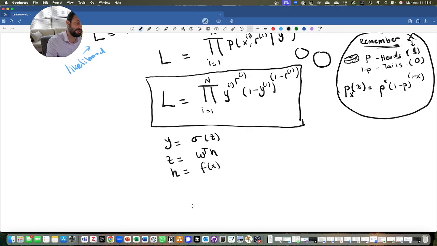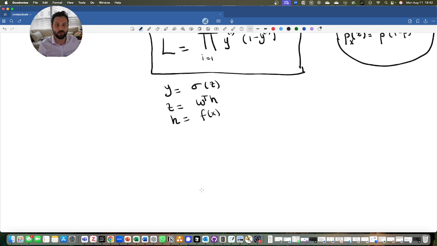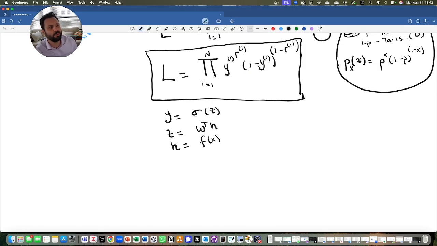So that was what I had. Okay, so I have something to maximize. Of course, this is not yet a cost function. A cost function is to be minimized.